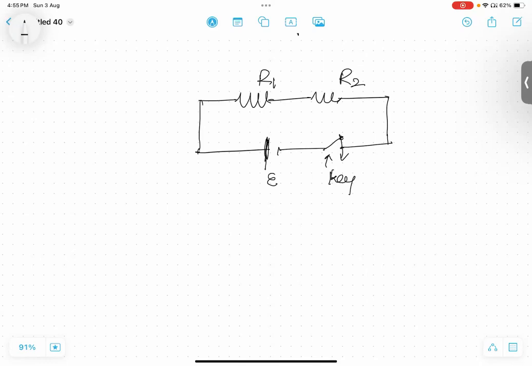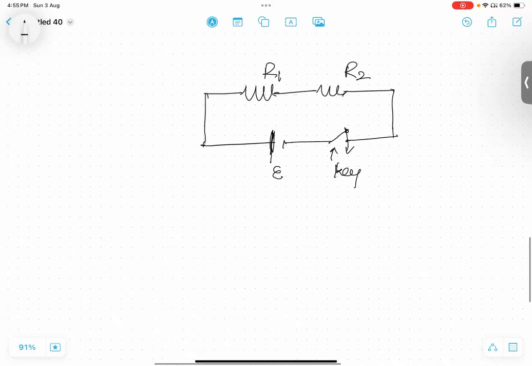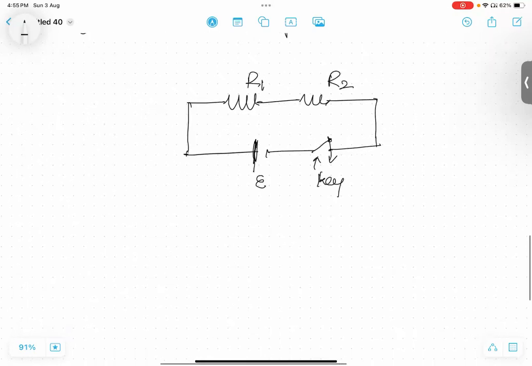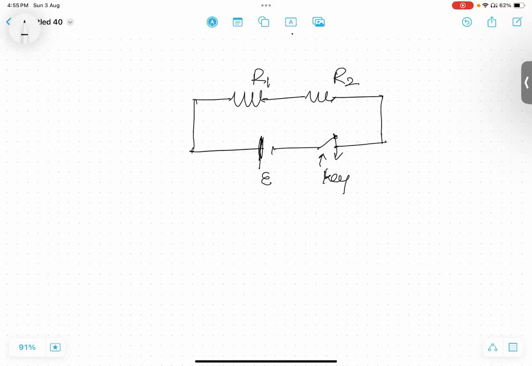How to apply Kirchhoff voltage law? First, we will assume the direction of current coming out of the battery. We can assume any direction; if our assumption is not correct, then we will get a negative sign in the value of the current. So I will assume my current in this direction coming out of the positive terminal, and it is going through these two resistances, and it is coming back to the battery.